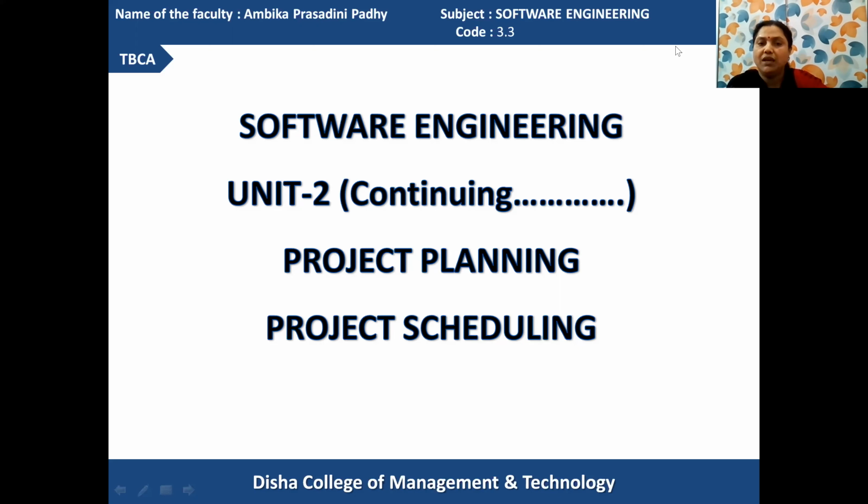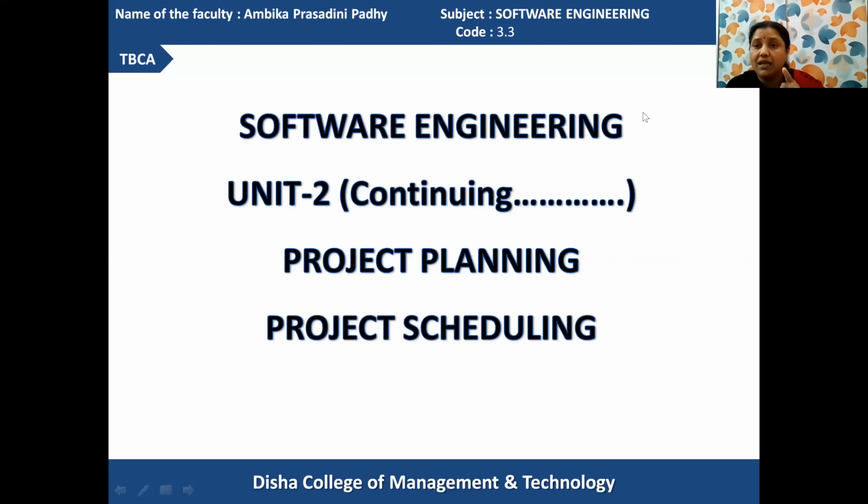In unit 2, we have discussed project planning, and whatever activities we have to conduct for project planning, we have already discussed. In project planning, we are preparing a report, a plan document, and what information is needed in the plan document, we have also discussed.